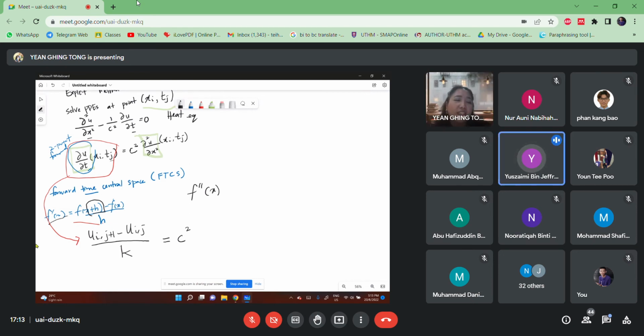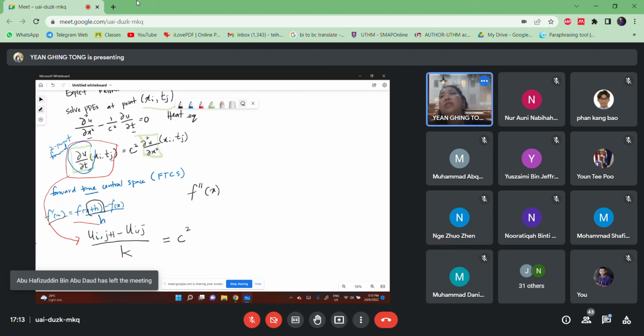For the second derivative we only have 3-point center and 5-point center. For the first derivative we have many: 2-point forward, 2-point backward, 3-point forward, 3-point backward, 3-point center, 5-point center.